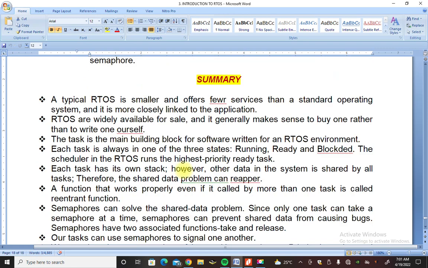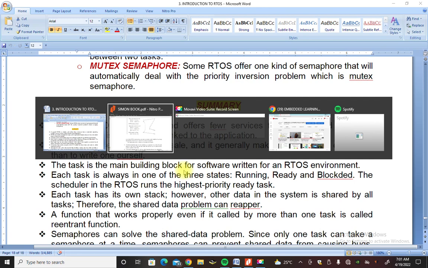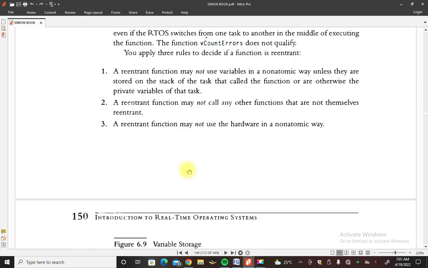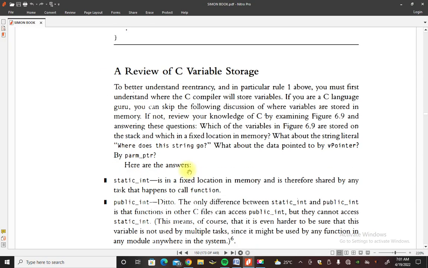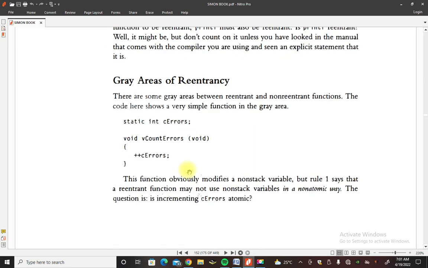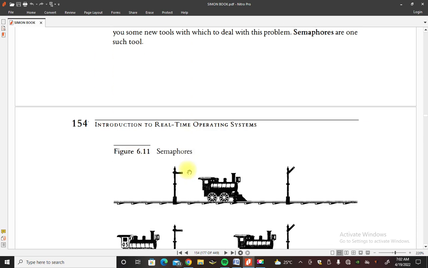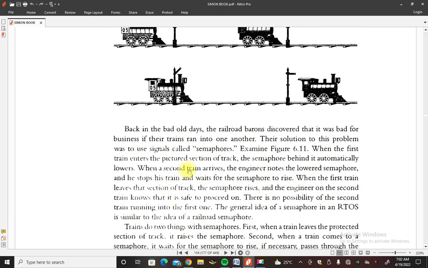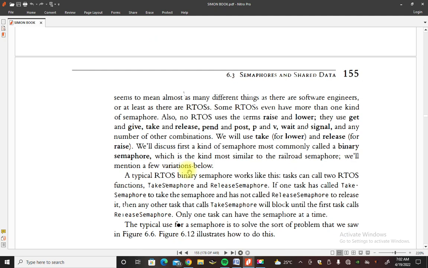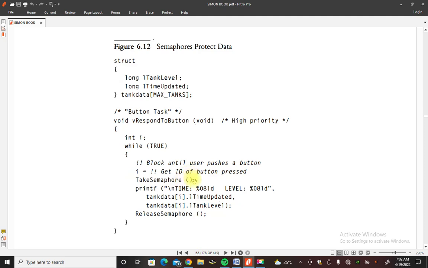It's very interesting. Before we summarize, we look at the Simon author book. This is the shared data problem with respect to the Simon book, applying the reentrant rules, and semaphores and shared data are discussed here, and RTOS semaphores with respect to the button task and level task are shown.